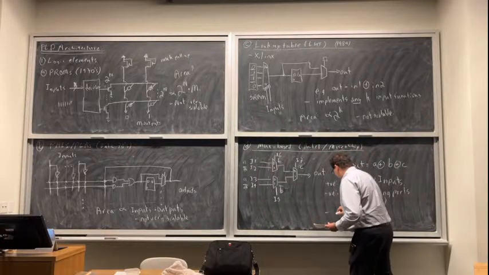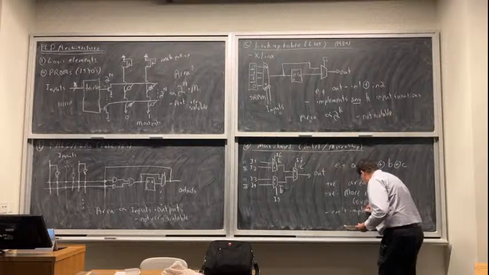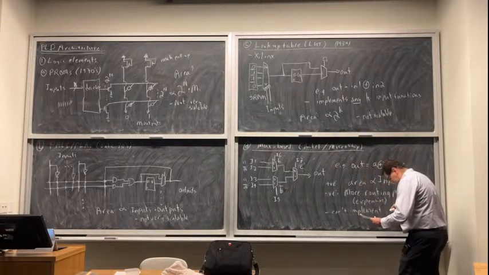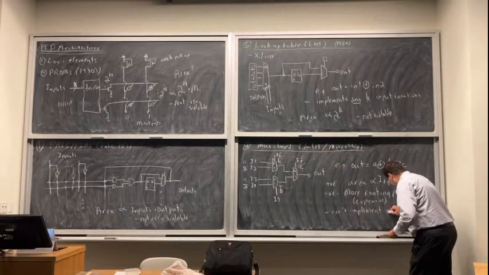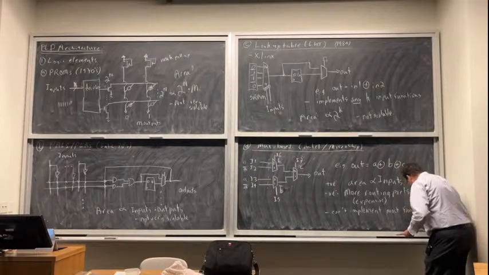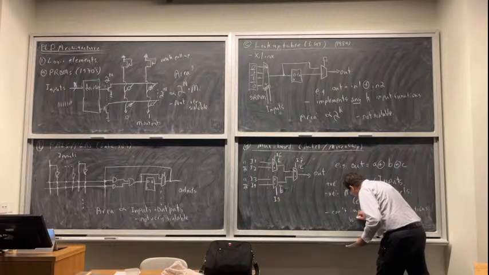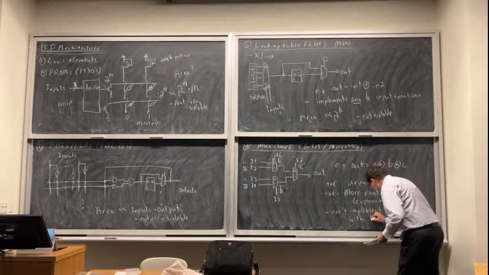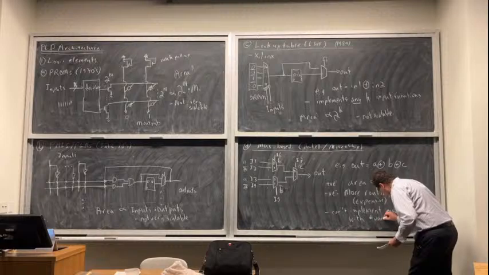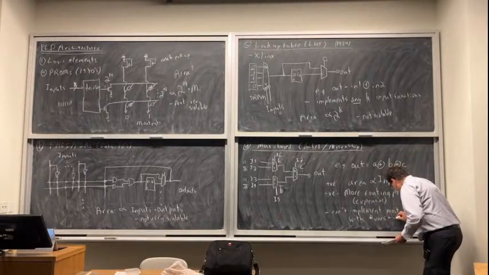And I guess related to that, it can't implement most functions with all the inputs used. So usually if the number of variables in your function is equal to the number of inputs, this probably won't be able to do it.